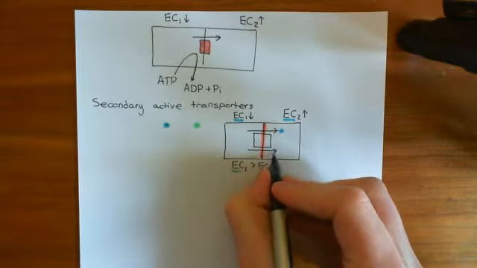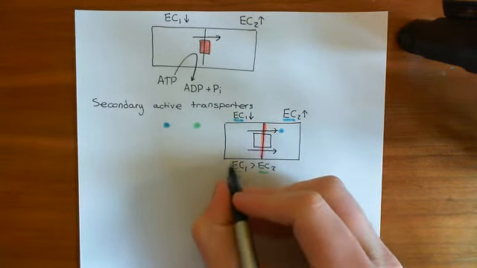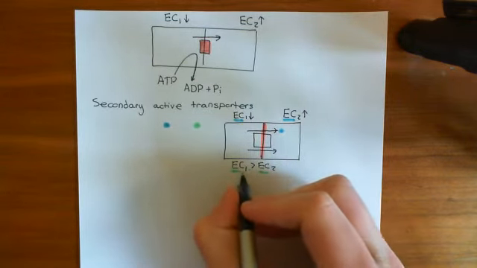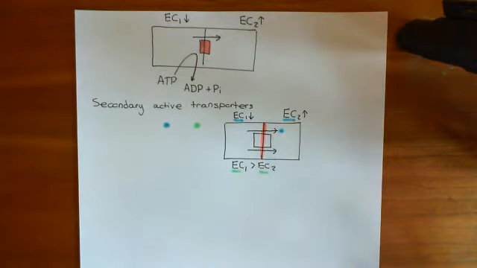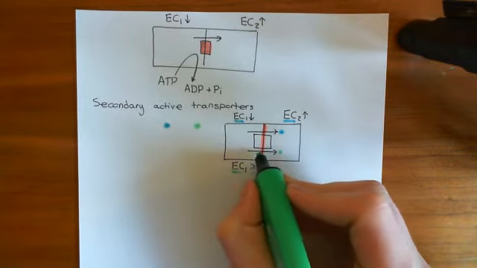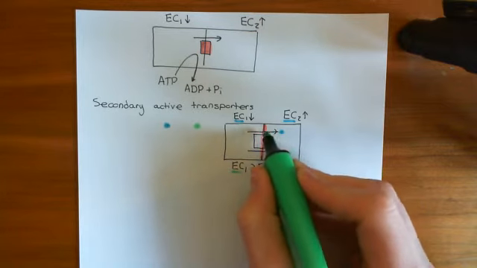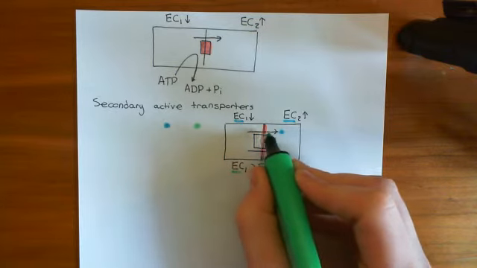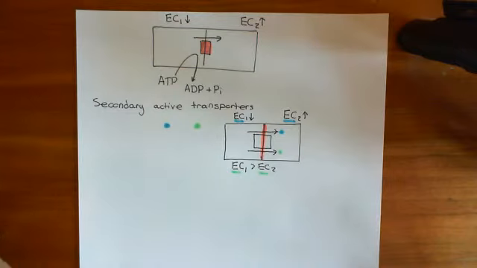That would be from compartment 1 to compartment 2, because compartment 1 has the higher electrochemical potential for green than compartment 2. And if the amount of electrochemical potential that is released by green moving down its gradient is equal to the amount that you have to put in to move blue up its electrochemical potential gradient, then that's fine.